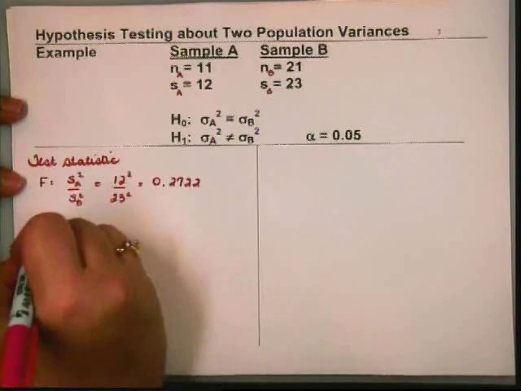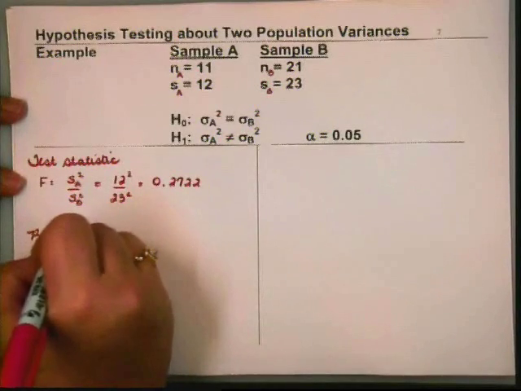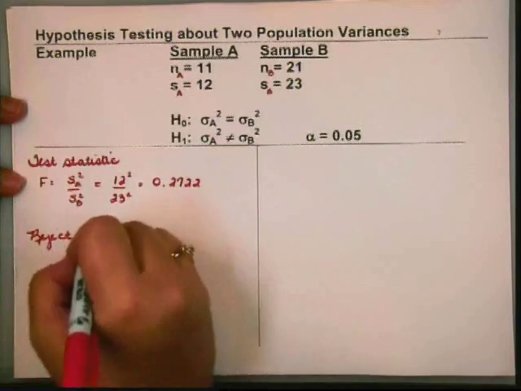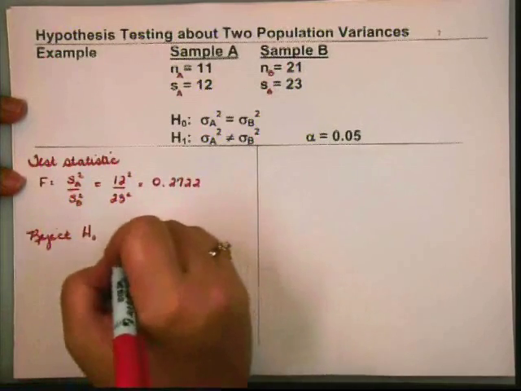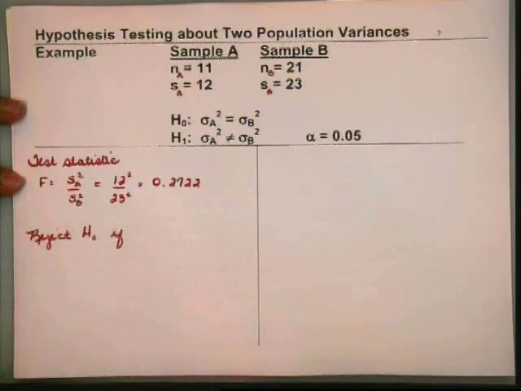Rejection region. We have a two-sided test, so you do have to write a two-sided rejection region for me on this upcoming test and in the homework. All right, so reject the null hypothesis if... what happens? Let me put the rule back behind us here.